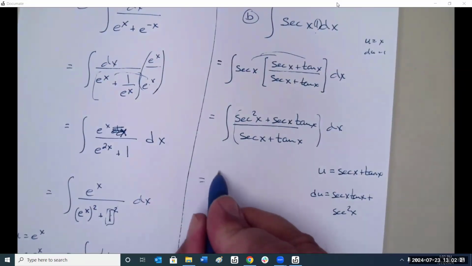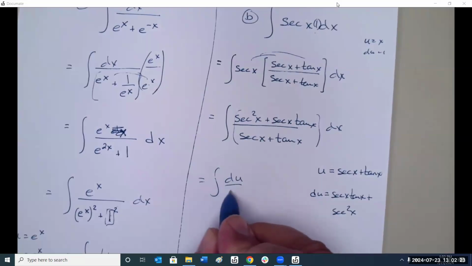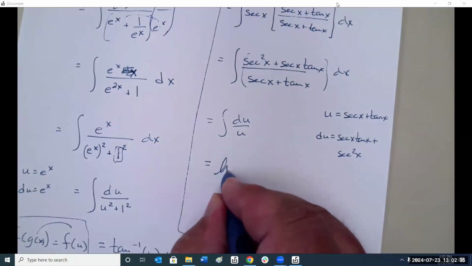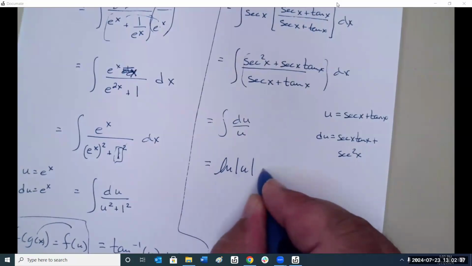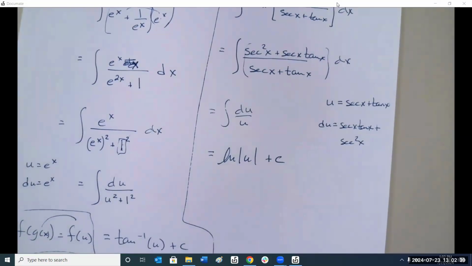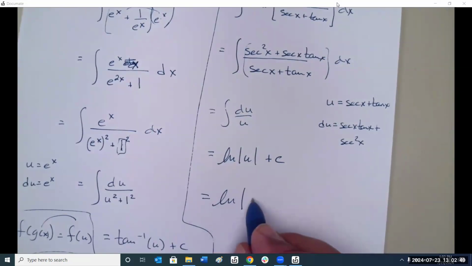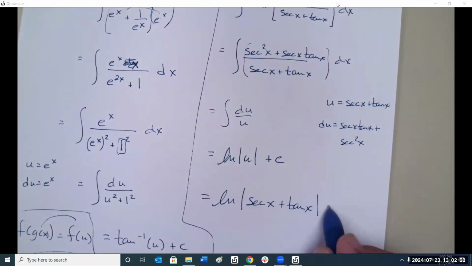So now what we have here is du over u. What's the integral of du over u? Ln absolute value of u plus c. So our final answer would be ln of secant x plus tangent x plus c.